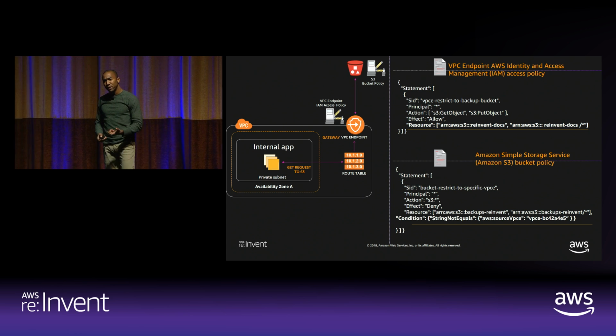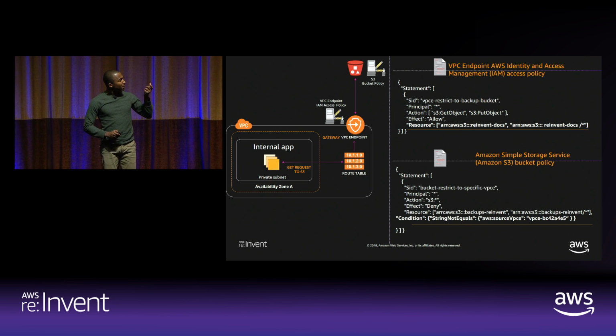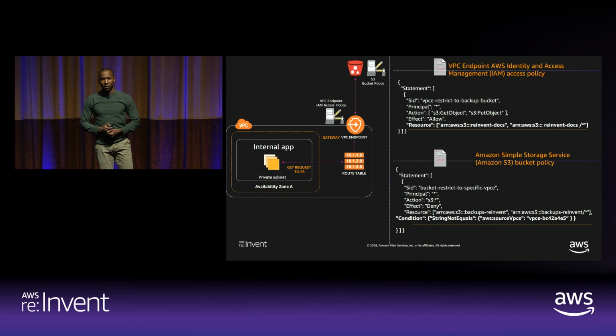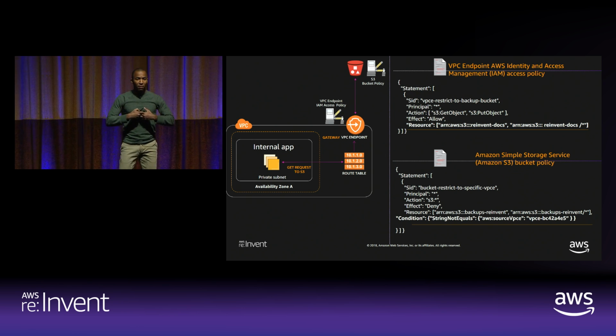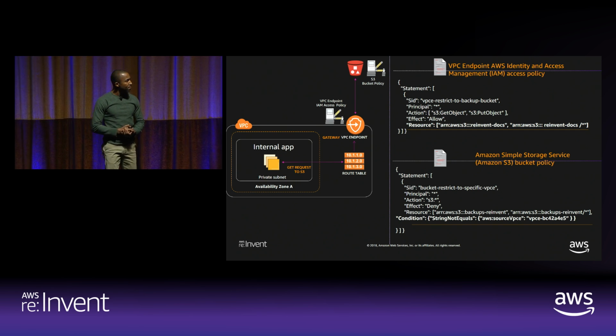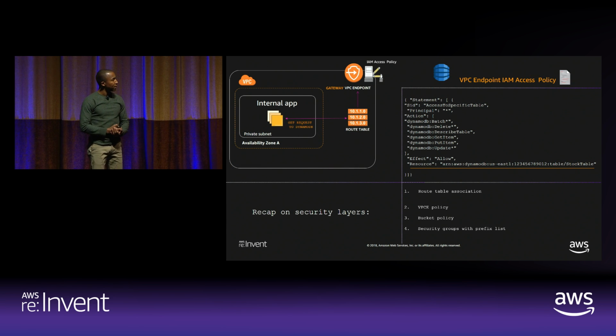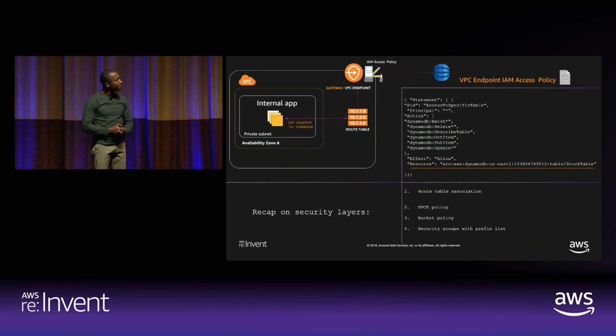To add another layer of security within my bucket policy, I can specify that the principal that actually has access to this particular bucket is this specific VPC endpoint. So even outside of the networking layer, if you look at just fundamental security within AWS, you have added security for access to different resources. And the same, except for bucket policy, is true for DynamoDB.